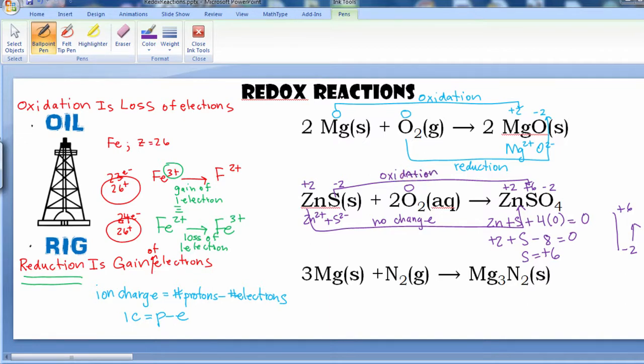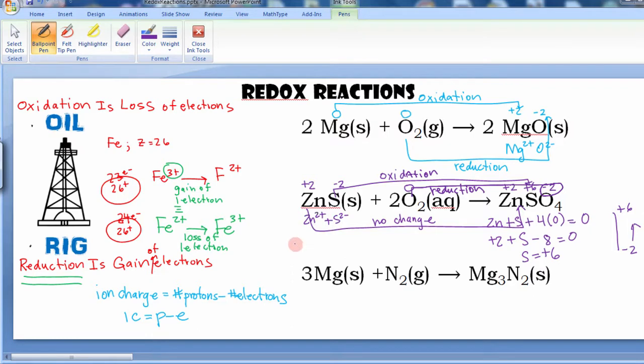Sulfur undergoes oxidation. Now look at oxygen. What does oxygen do? Oxygen goes from a 0 to a -2. Oxygen is being what? Reduced. The oxidation number goes down. It goes lower.